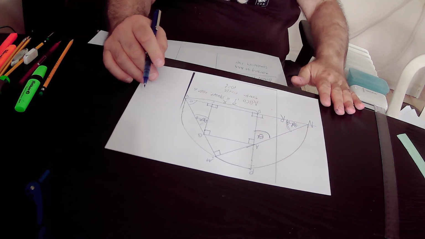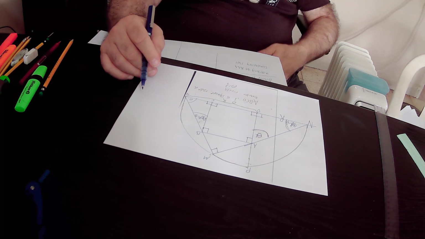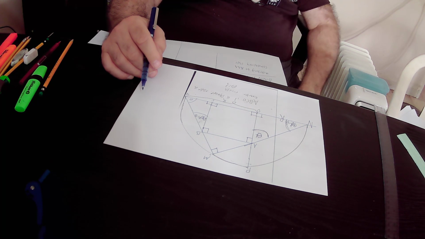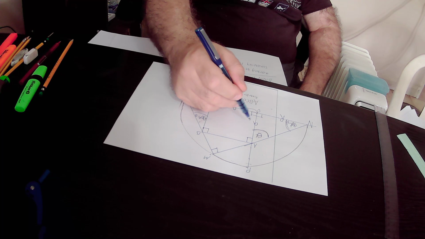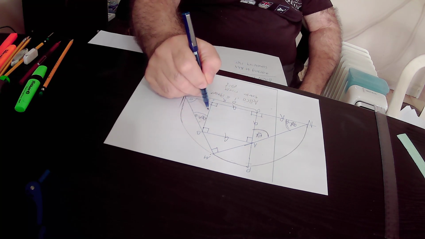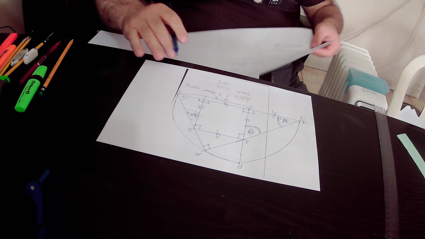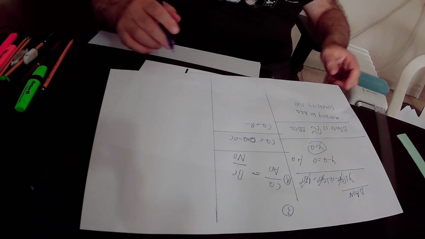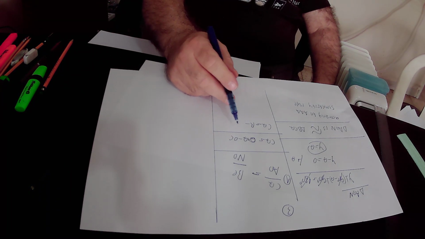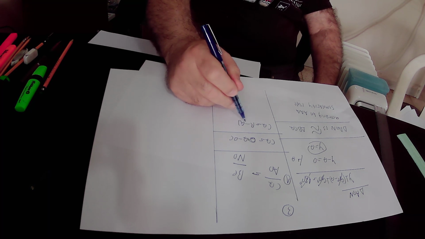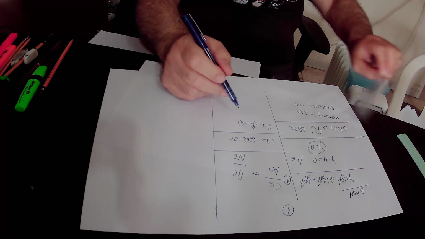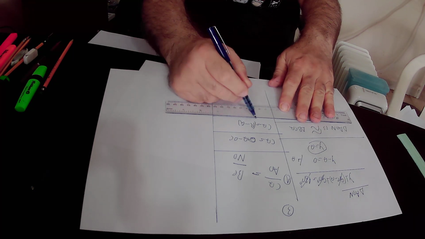And we will define side OC of square ABCO as A. Therefore, all the other sides will also be equal to A. So we found out that CQ equals OQ minus OC. OQ is capital R, OC is A. So in conclusion, CQ equals capital R minus A.